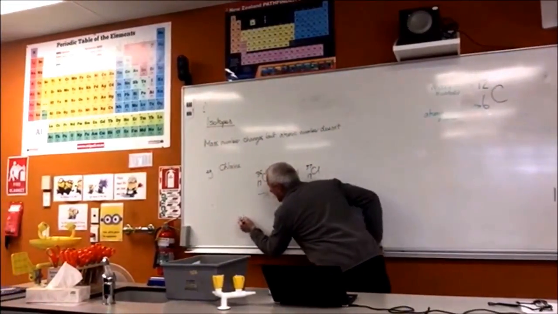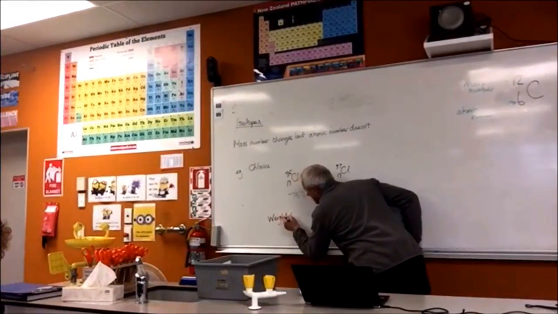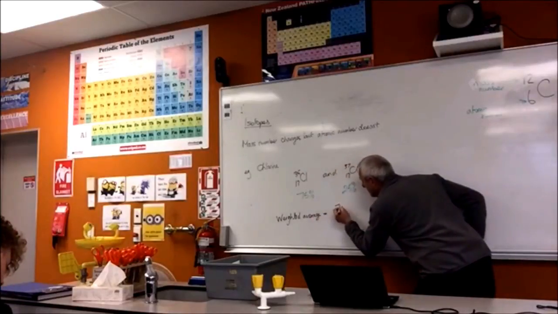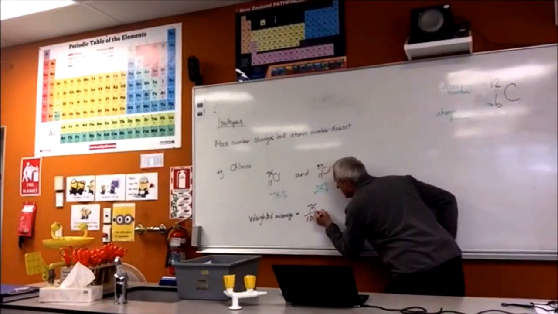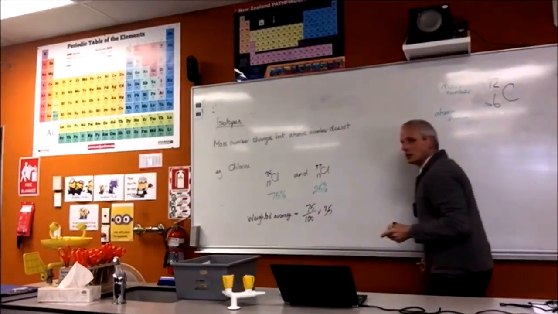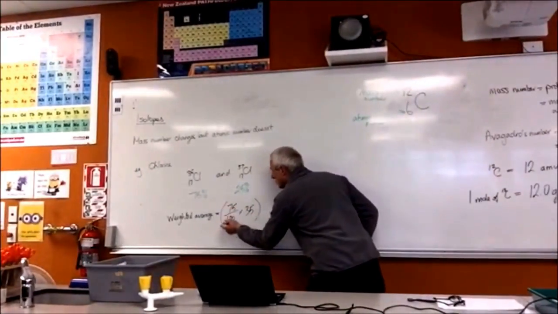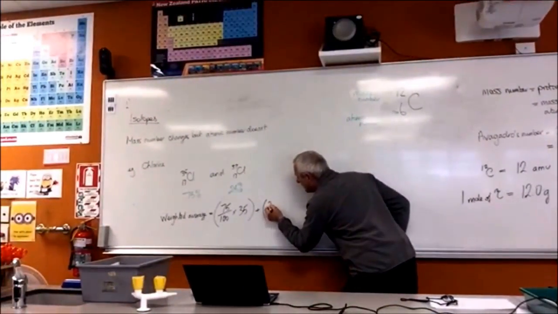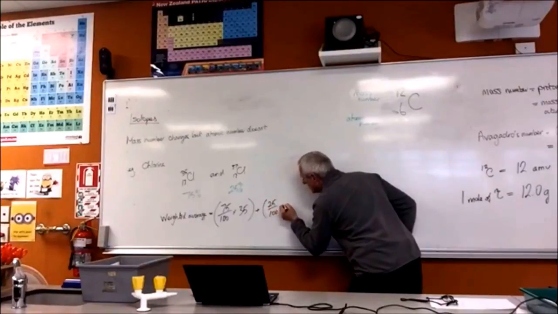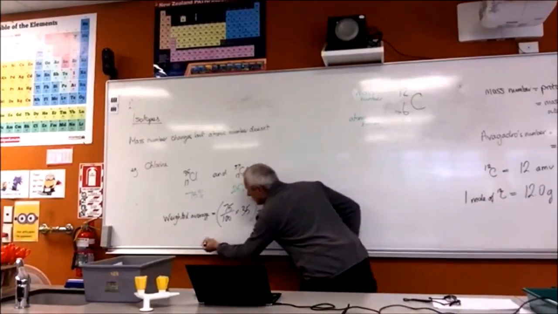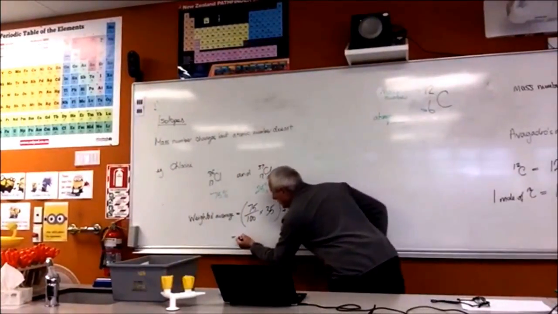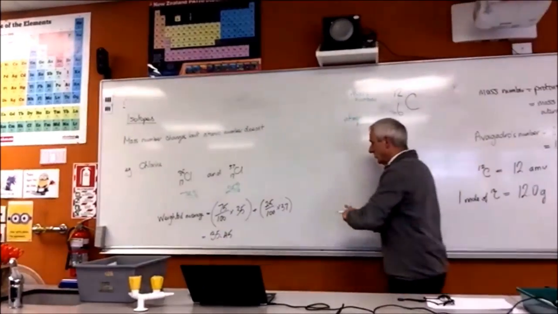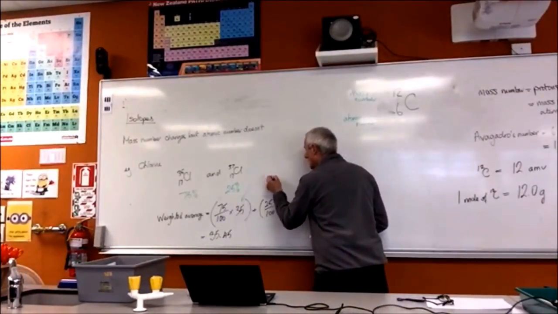So weighted average equals 75 over 100 times 35. Okay, so that's due to this chlorine 35 isotope, and then we add the 25 over 100 times 37, and that's due to the other isotope, and you'll see that it's 35.45.